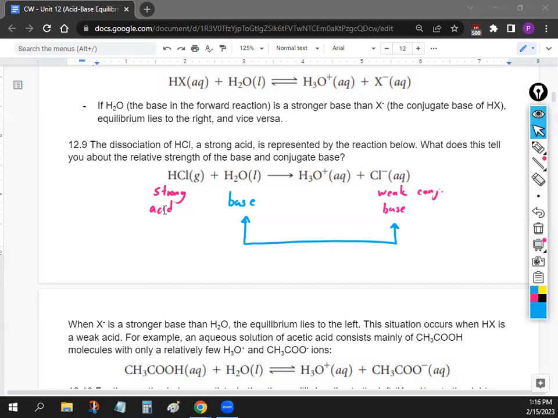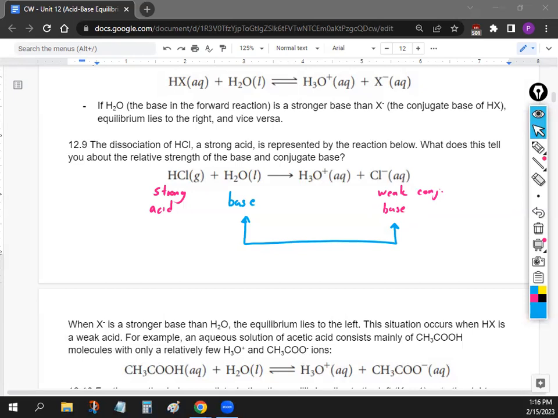Could you react a strong acid with a weak base? Yes. What if it was a strong base with a weak acid? They don't have to be the same. That's why we're not comparing these two. We're comparing the conjugates.